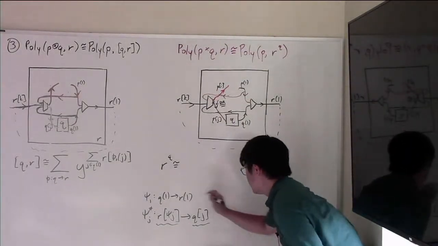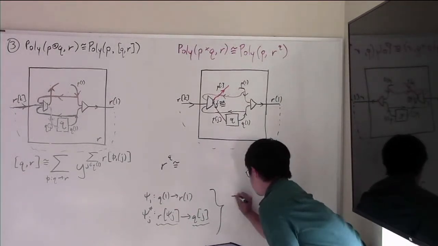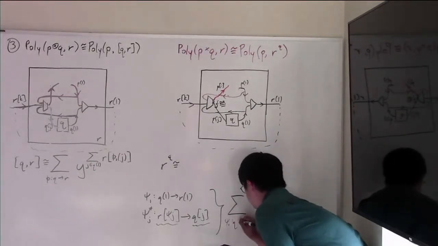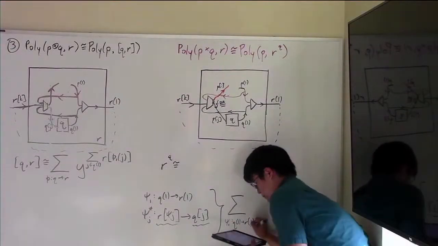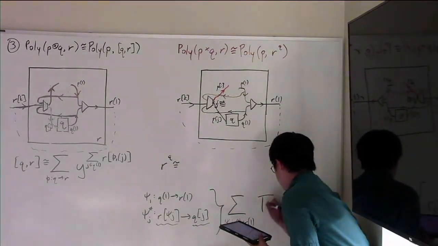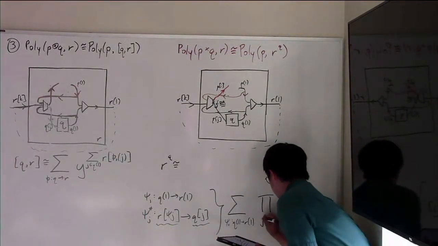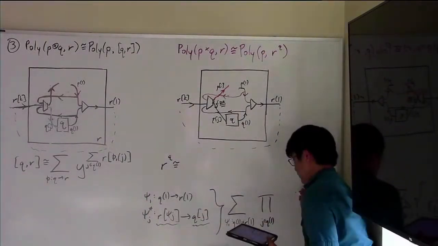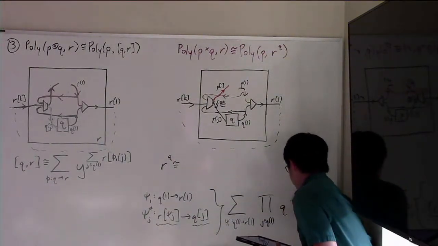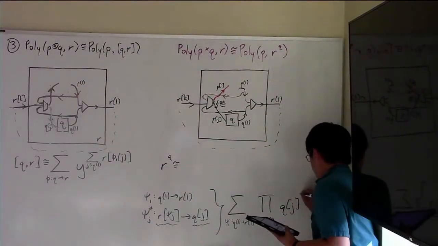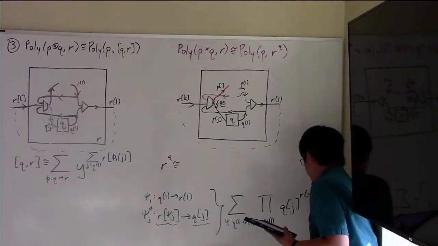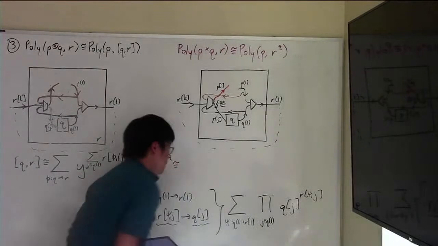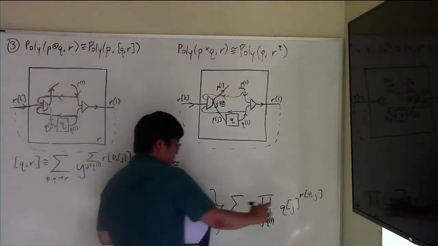Because remember, this whole thing would be an element of this. It's a sum over functions from the positions of Q to the positions of R, and a product over the positions of Q. For each position j of Q, a function this way, into Q bracket j from R bracket psi sub 1 of j. But again, we don't actually want all of these.